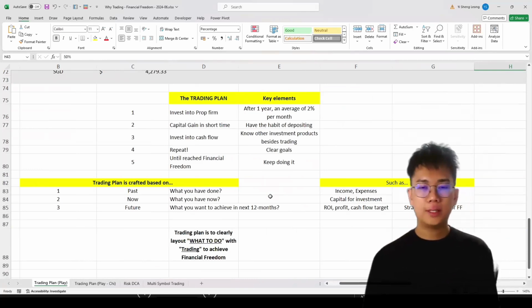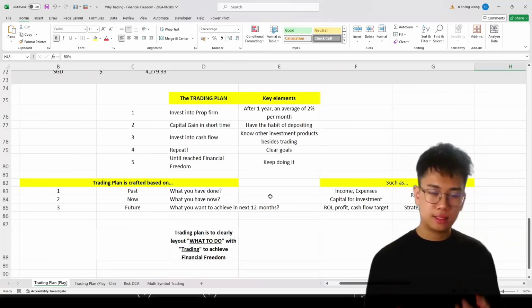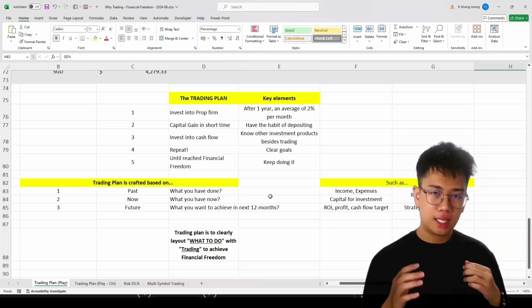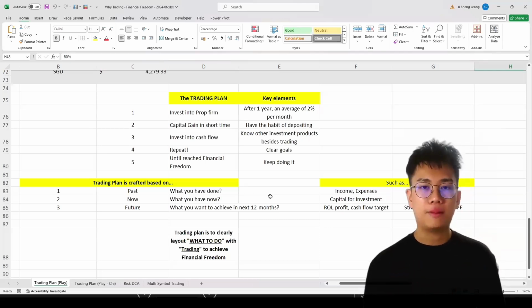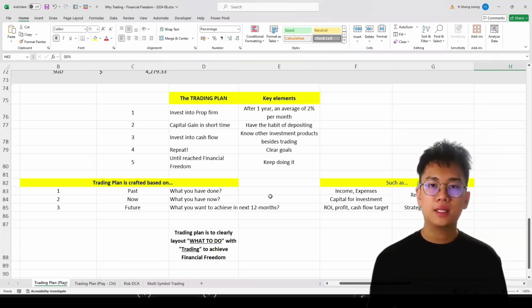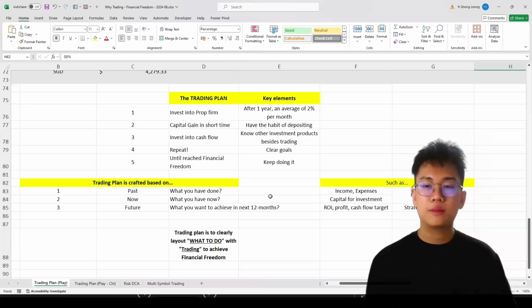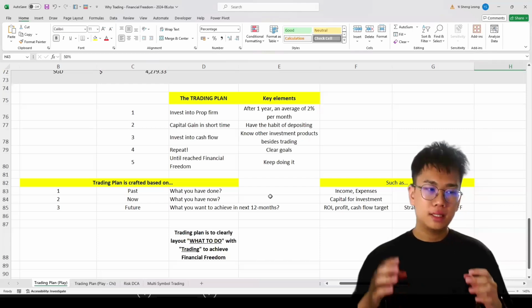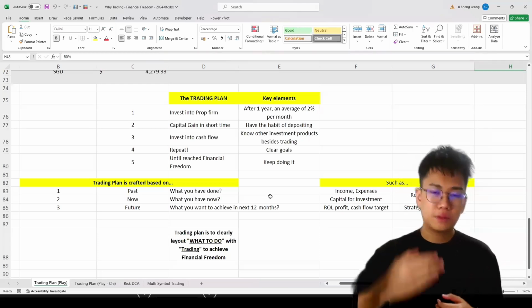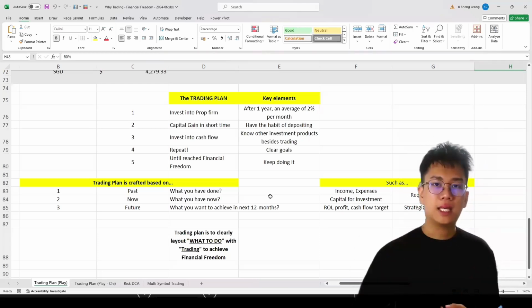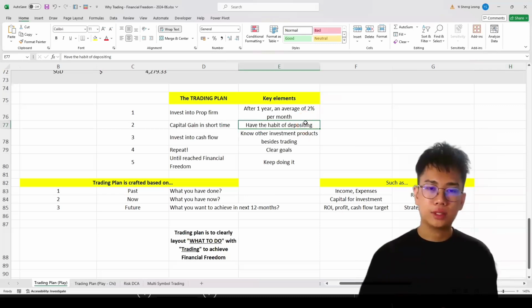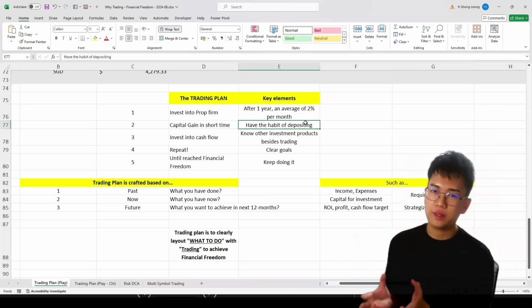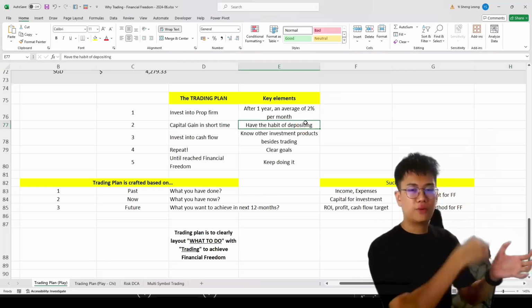So the thing that I would like to share with you is that anything you do, you must have a plan. So the plan that I suggest to you is search for prop firms, trade consistently, like what Kim Yap said. Don't need to aim high, just 2% per month. And aim small, keep consistent, get a habit of depositing to your accounts. And then you take the cash profit and invest into a cash flow engine.